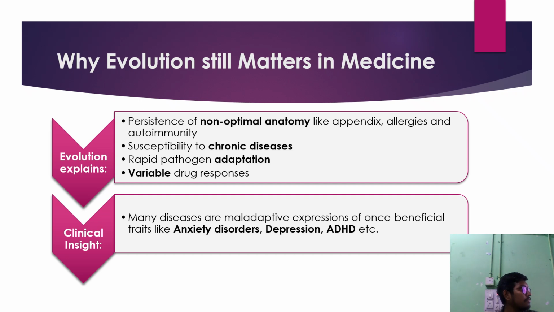The clinical insight is that many diseases are maladaptive expressions of once beneficial traits. Like anxiety helps in performance, but if it is so persistent, it leads to psychiatric disorders like anxiety disorder, depression, attention deficit hyperactivity disorder, ADHD, etc.